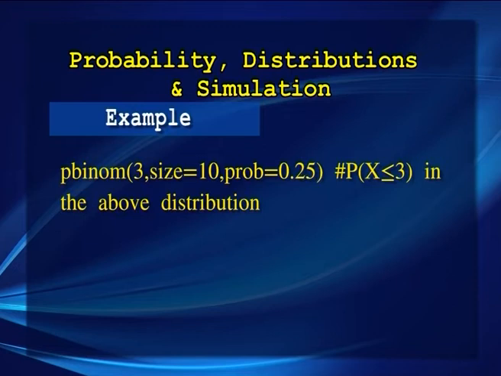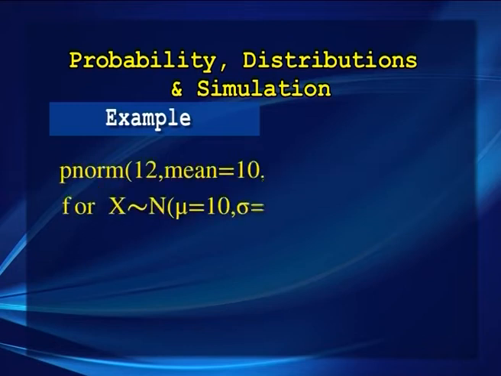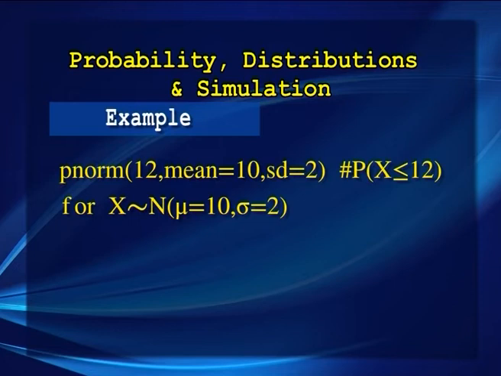This will compute the probability of x less than or equal to 3 in the above distribution. pnorm(12, mean=10, sd=2). This will compute the probability of x less than or equal to 12 for x following normal distribution with mu is equal to 10 and sigma is equal to 2.